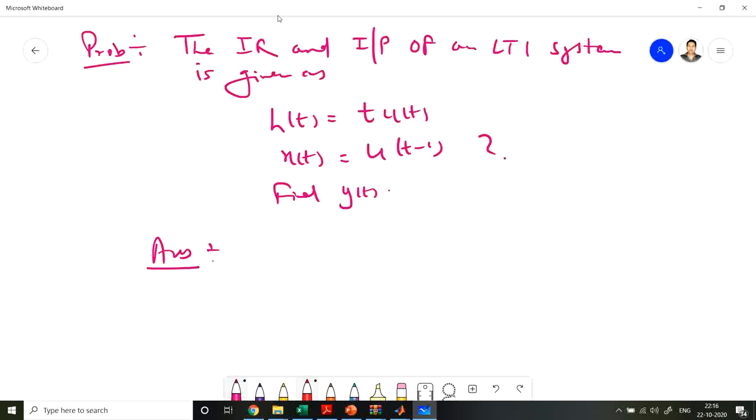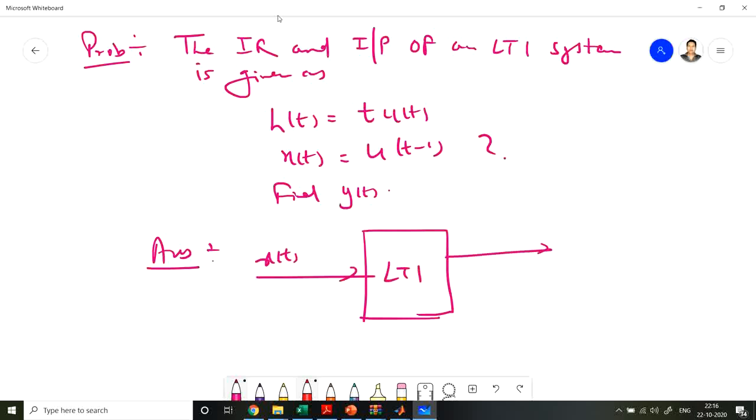So first we discuss the LTI system. So what is an LTI system basically? So we have an LTI system. The input is x(t) and the output is y(t), and the impulse response is h(t).